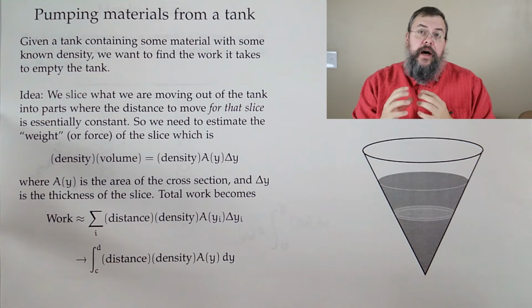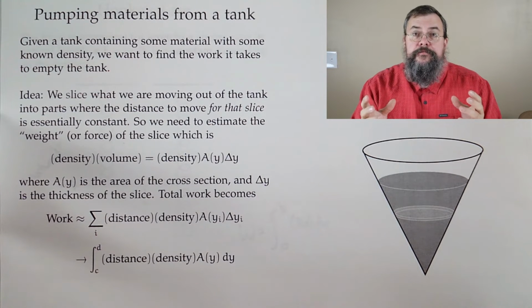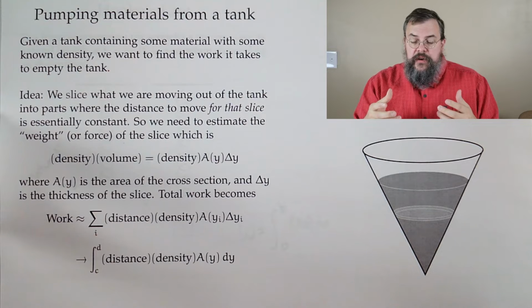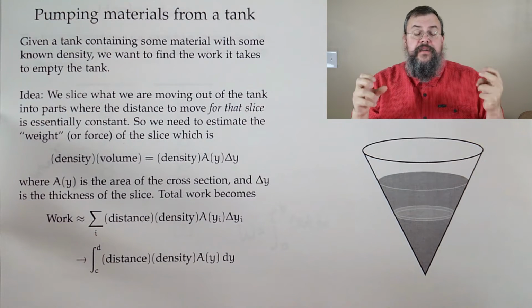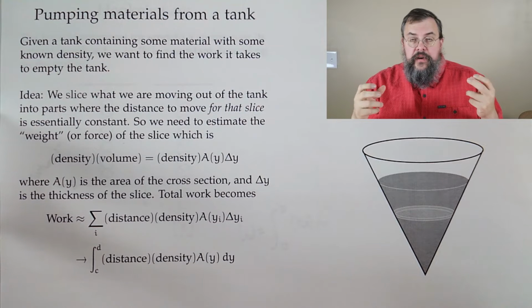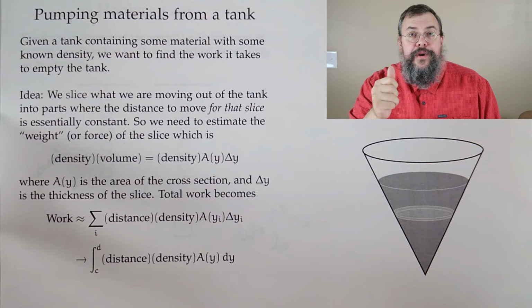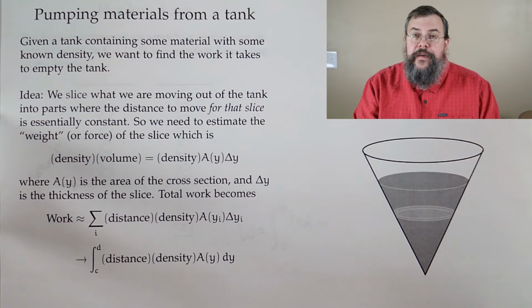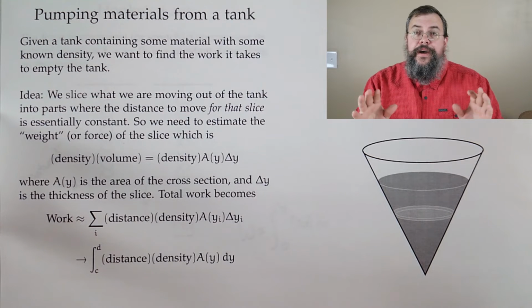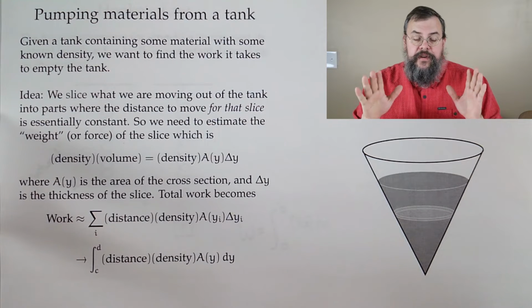We know the basic philosophy. Work is force times distance. So what we need to do is figure out, okay, what's my force? What's my distance? And so now we get to one really important question. And it's actually so important that we have to pause for a second and say, notice something that often is not given.